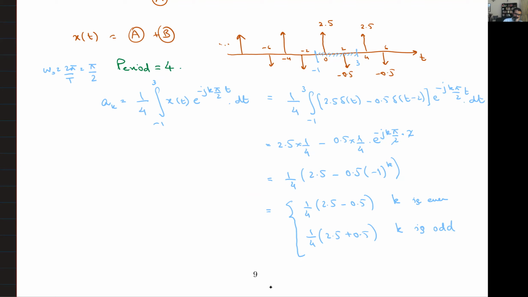Which is equal to, this is 2 and this is 3, so 2 by 4 and 3 by 4. So the final conclusion is this is 1 by 2 when k is even, and this is 3 by 4 when k is odd.